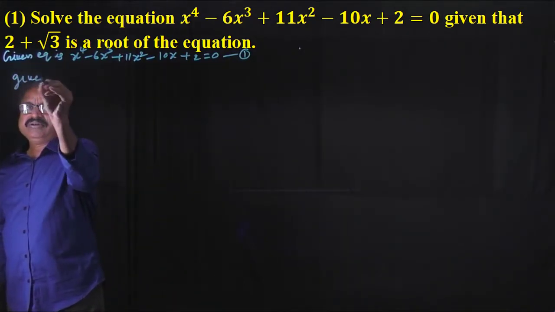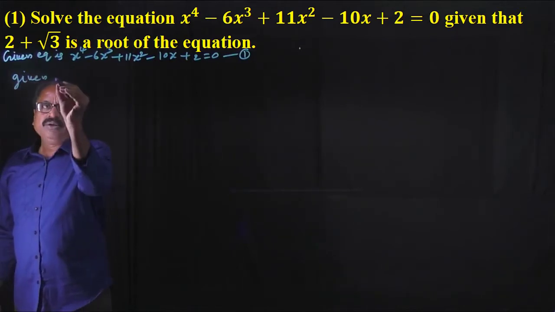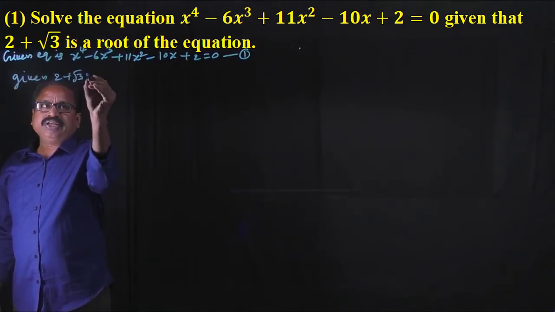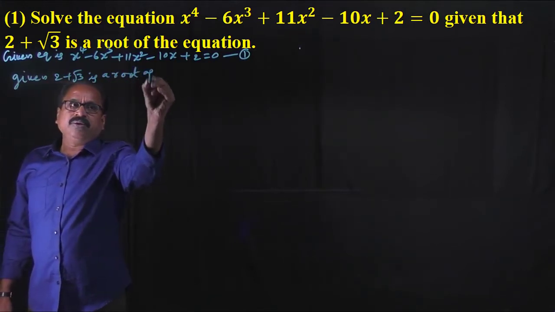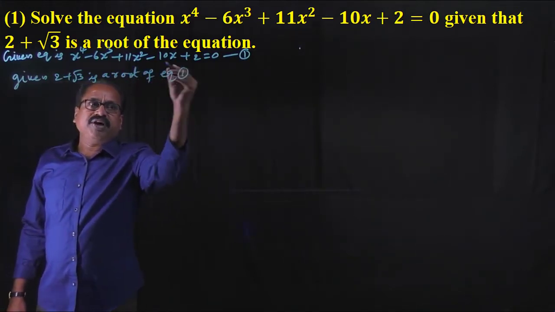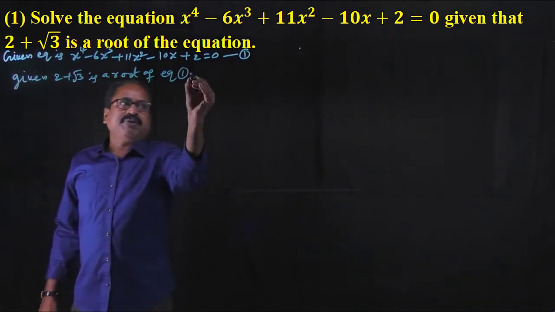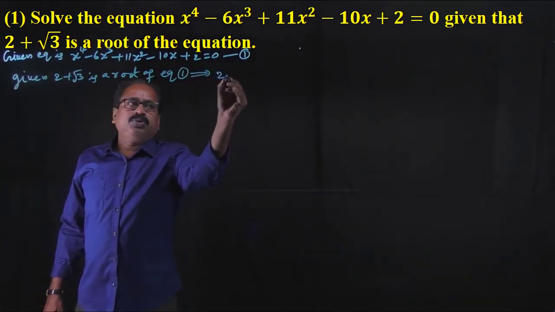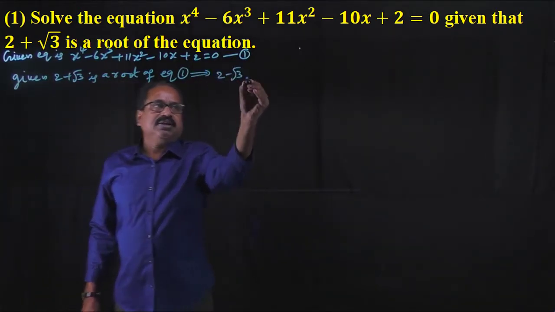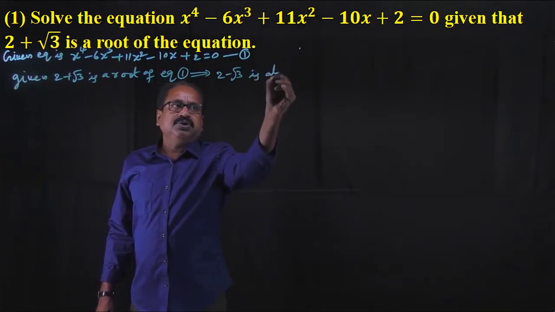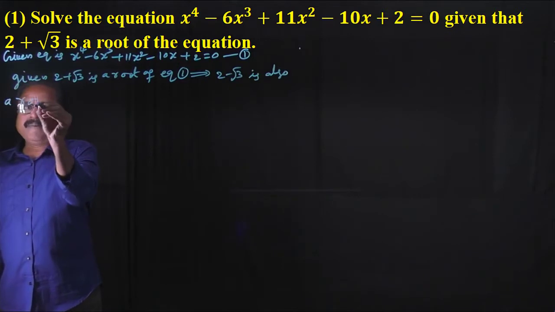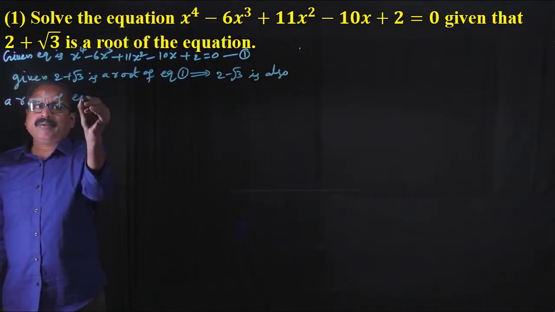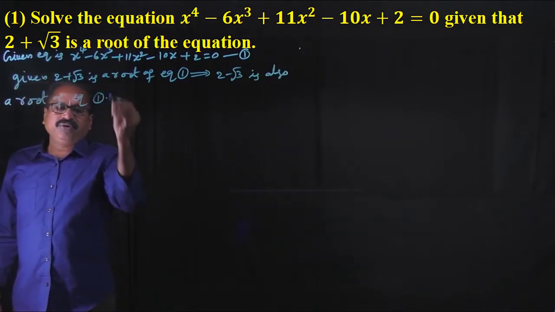Given 2 plus root 3 is a root of equation 1. This implies 2 minus root 3 is also a root of equation 1.